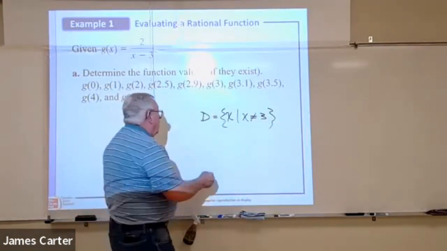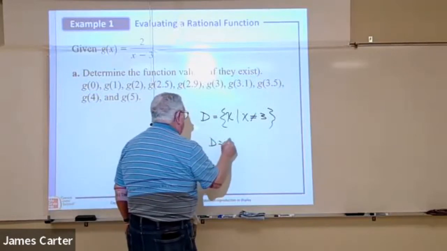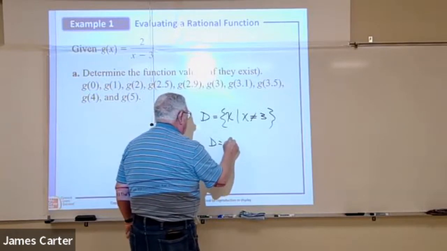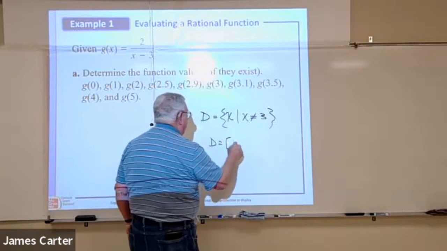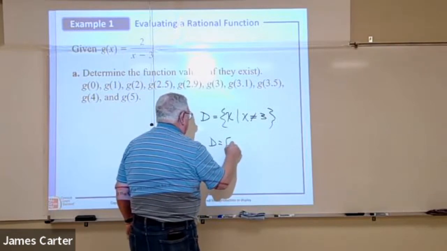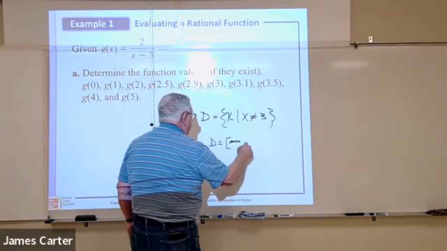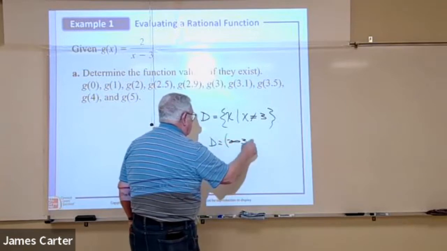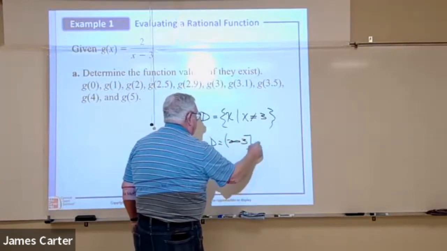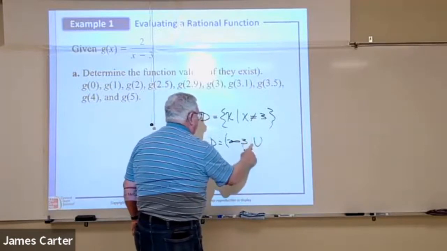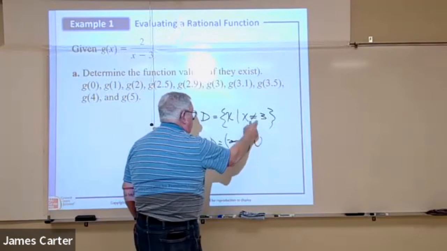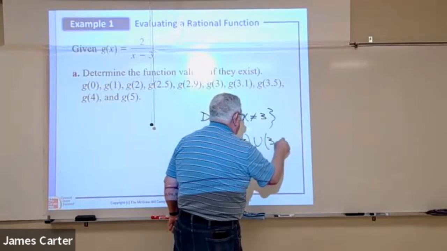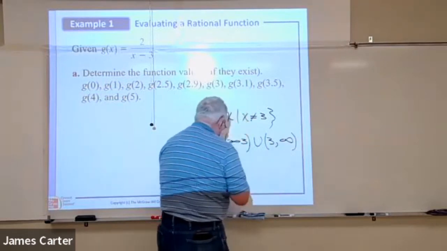Or you could simply say the domain is the set of values from -infinity to 3, that's got to be a parenthesis, inclusive of the 3. Nope, not inclusive of the 3, because it can't be the 3. It can't be that, so I have to use parentheses. And from 3 to positive infinity.